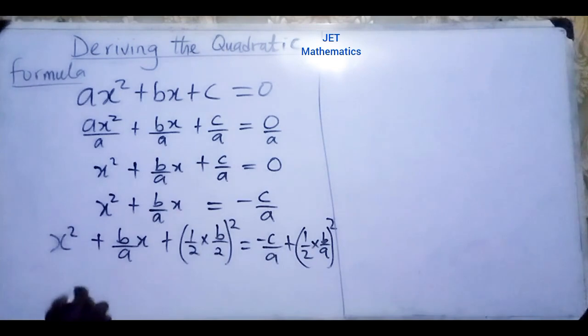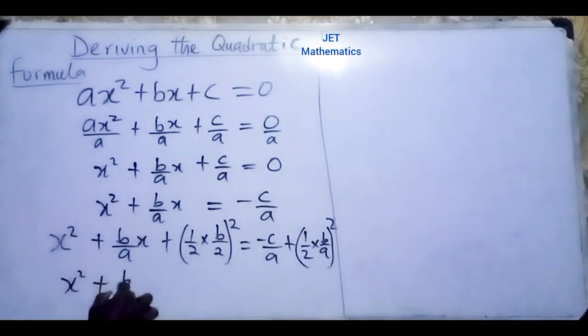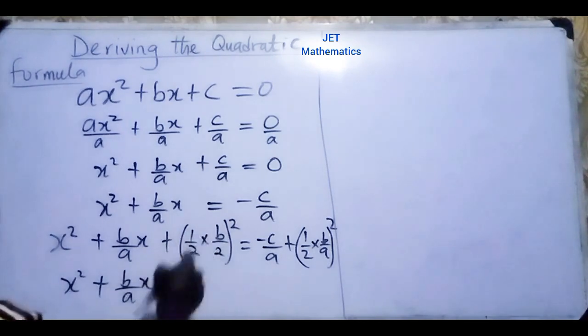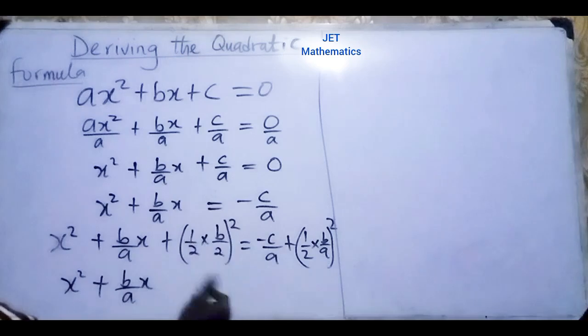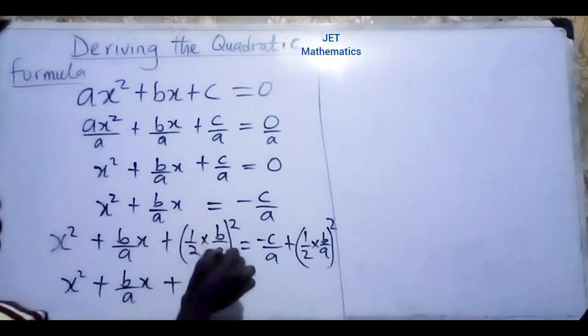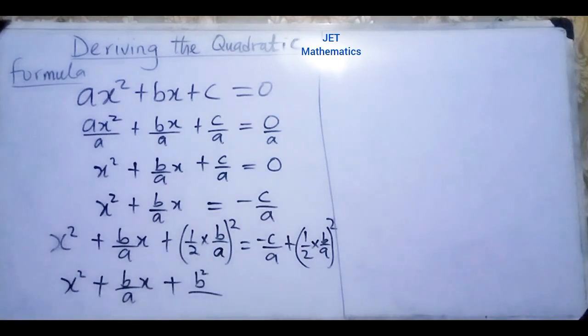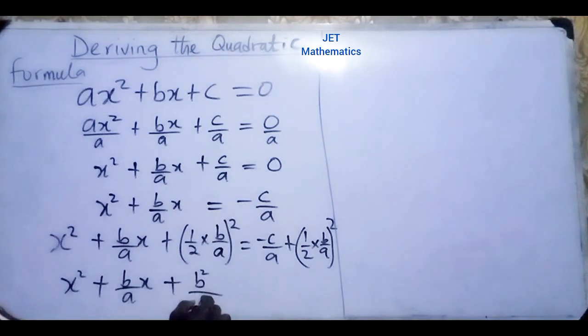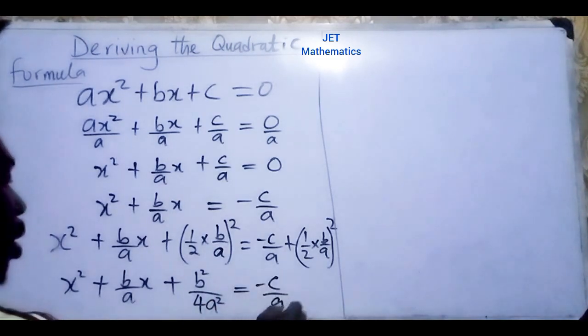Alright, so we go further. This becomes x squared plus b over a x. When you simplify this, 1 times b is b, raised to the power of 2 is b squared, over 2 times a, which is 2a, squared, is 4a squared, equals minus c over a.